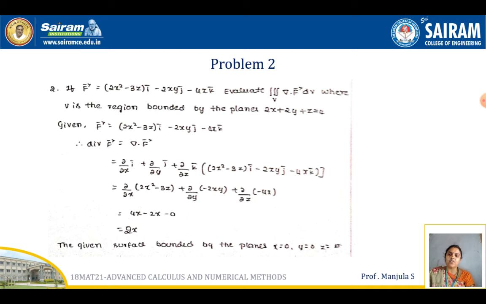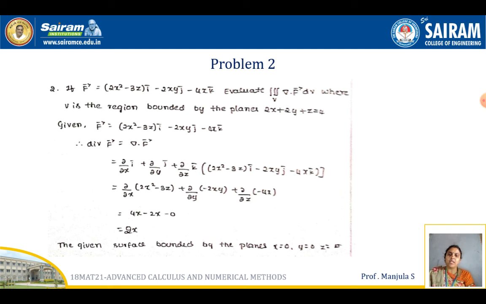So for this vector f you just find out the divergence. So divergence of vector f will become del dot vector f. Write down the definition for del, that is dou by dou x into i cap plus dou by dou y into j cap plus dou by dou z into k cap, that into vector f. The given vector f equation is 2x square minus 3z into i cap minus 2xy into j cap minus 4x into k cap.